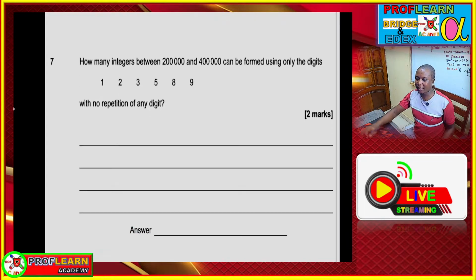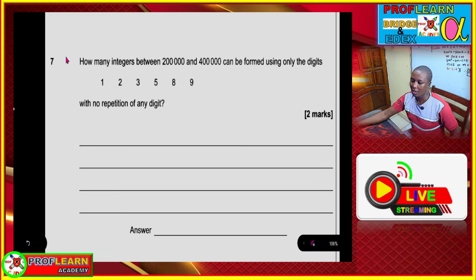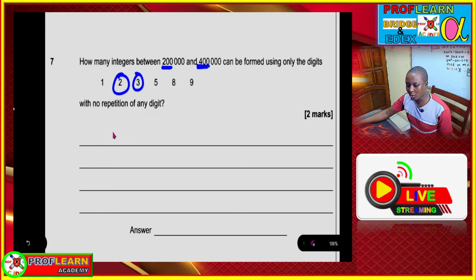So how many integers between 200,000 and 400,000 can be formed using only the digits that we have here? So between this and this, the number will be this and this. But how many? If you use 2, for instance, how many numbers will be remaining for you to use? Okay, let me just first.